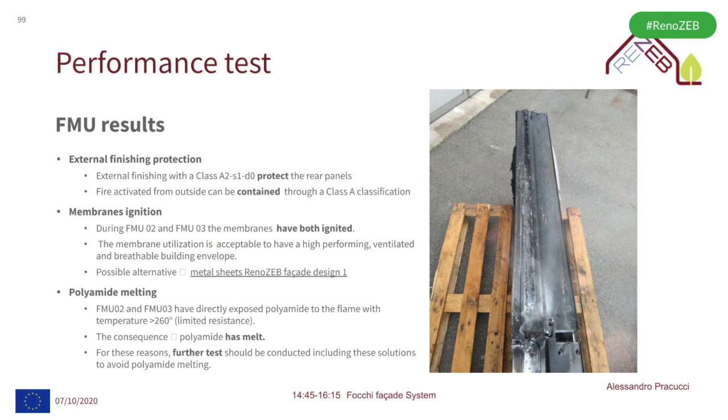The problem is related to the membrane emission due to the fire and the overall temperature within the chamber, and also the polyamide melting, because polyamide is a thermal break for the profile, but in this case can have an emission problem, and so it melted. This is a problem of the material, but also of the design of the test, because the corner was not the real corner. So we have burned a solution that is not the real one, so we need to protect differently. We know it, and indeed in the building this problem has been solved.